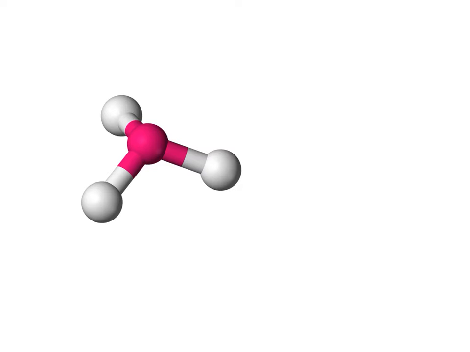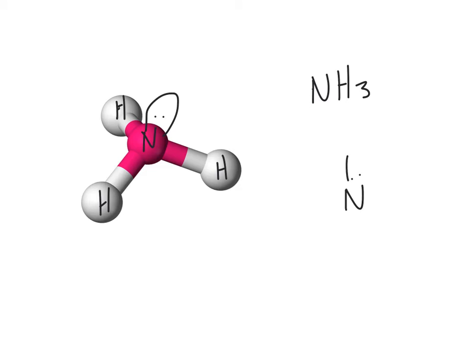When we take a look at this next one, we have the molecule NH3, otherwise known as ammonia. There's our N, our H's are the white spheres, and the thing that we're missing here is a set of unpaired electrons at the top there. So if we were to draw a Lewis dot structure, it would look something like this.